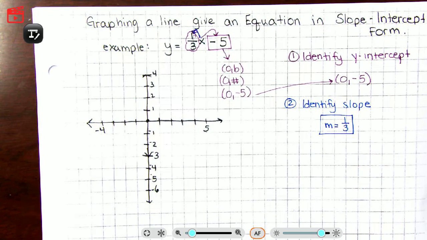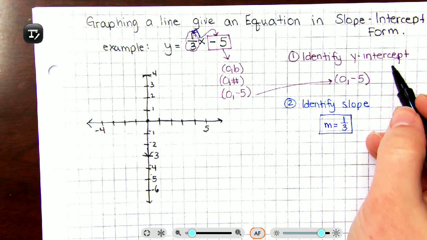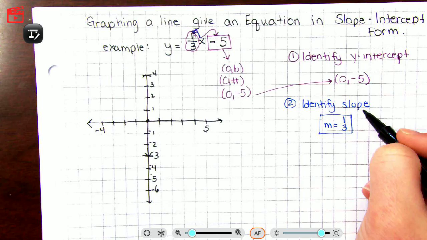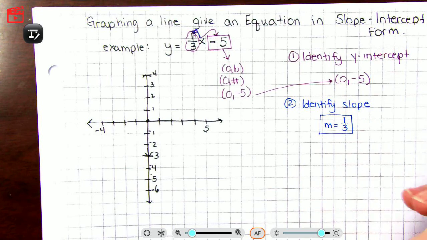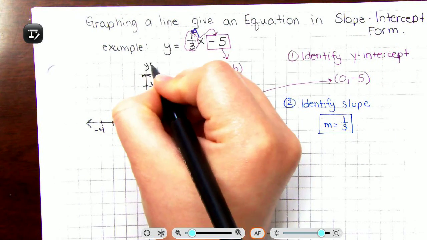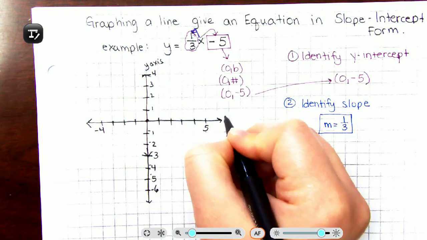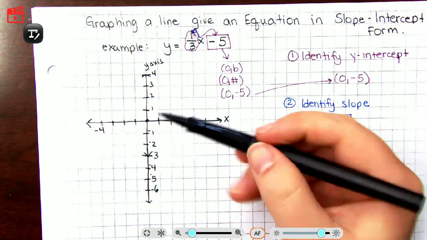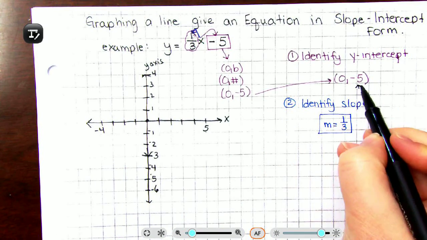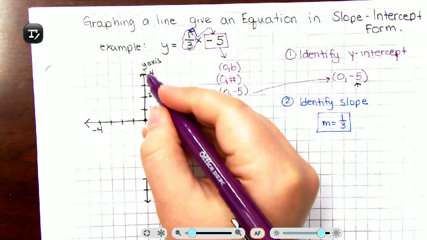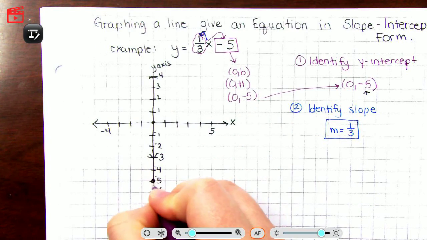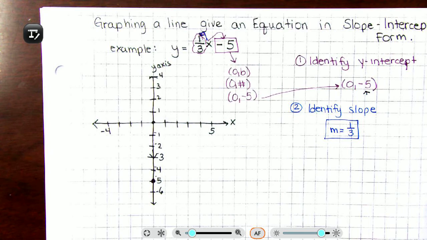Okay, so we're gonna graph. Step number 1, you use first, then you do step number 2. So step number 1, identify your y-intercept. So here's our y-axis, here's our x-axis, okay? So on your y-axis, find this point, -5. So on my y, I see -5, there it is. Give yourself a point.